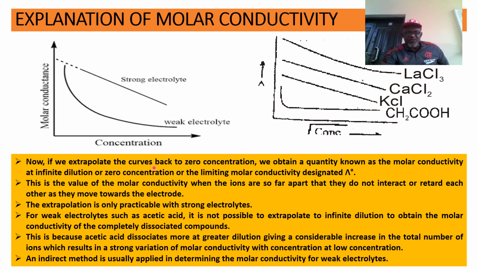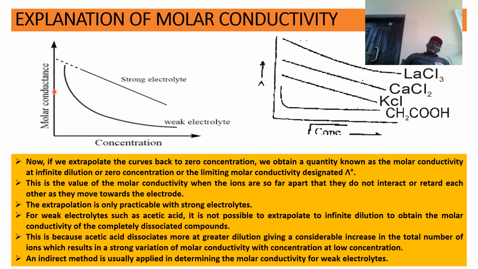Now, if we extrapolate the curves back to zero concentration, we obtain the quantity known as molar conductivity at infinite dilution or zero concentration. So when you dilute to the extent that the concentration becomes almost zero, that's what I mean by when you put your tea in a cup, dilute, put in a bucket, dilute, and then put in a tank.